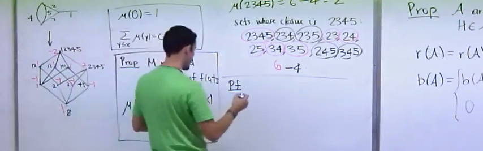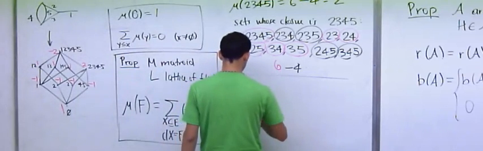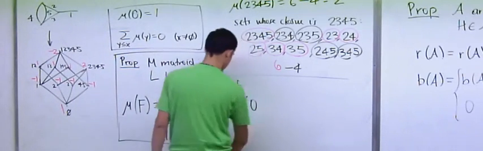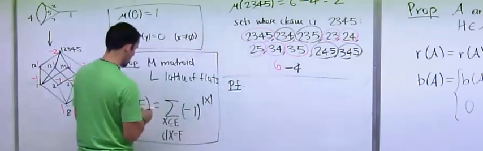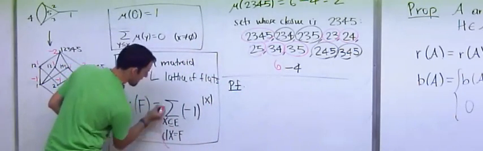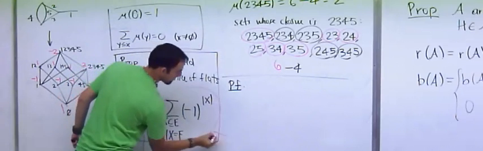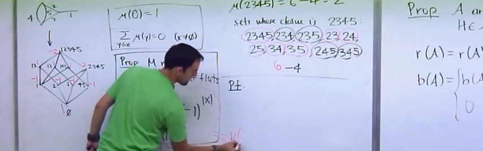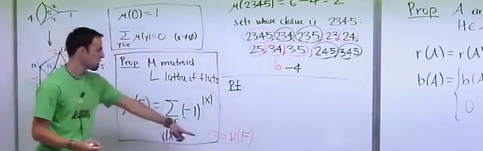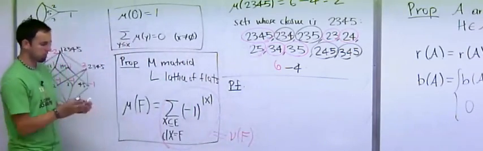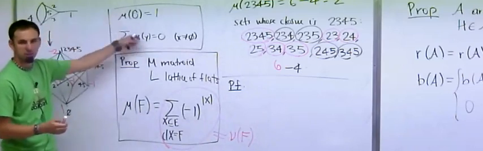So the first thing I need to show is that, I'm claiming, maybe I should call this guy, let's call it nu of f. What I'm trying to show is that nu is equal to mu. So let's show that nu also satisfies these properties.